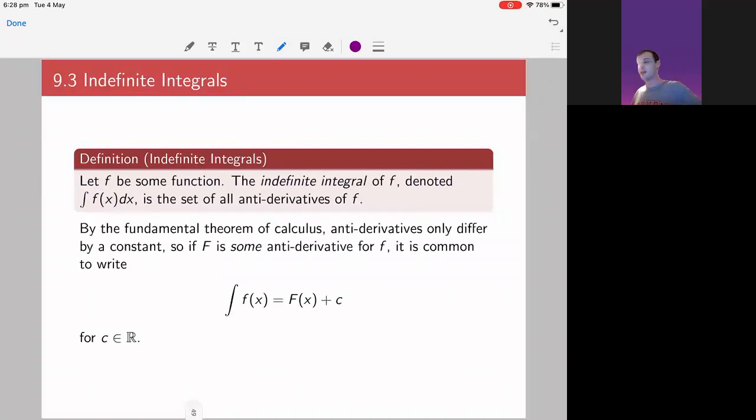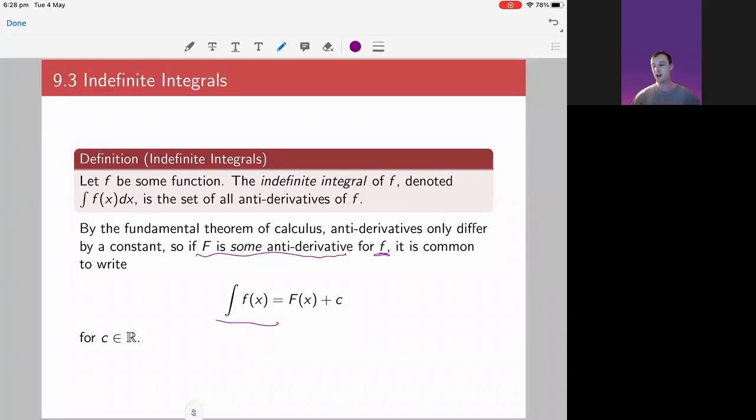So another way of seeing this is to say the following: if you manage to find some antiderivative capital F for your function small f, then the indefinite integral of f of x is equal to capital F of x plus c for any real number c.